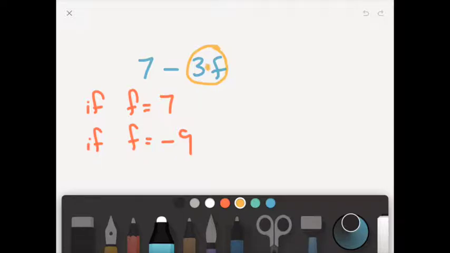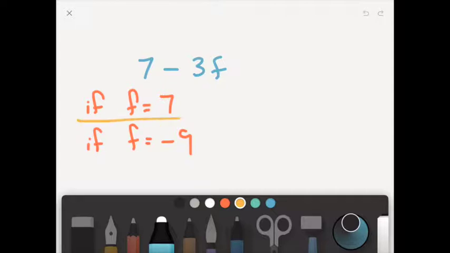So this is 3 times f. When I start substituting stuff in, I'm going to substitute it in as multiplication. A common mistake is to substitute in like this, and people just write the number next to it. So if f is 7, they'll write 3, 7, and maybe they know that that's multiplication, but it's going to get them confused, and they're going to think in a minute that it's actually 37, which it's not. So make sure you note to yourself that that's 3 times 7, one of those ways we write multiplication.